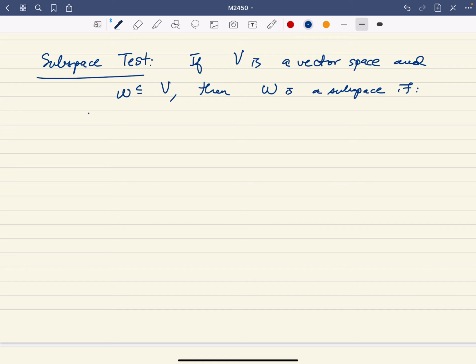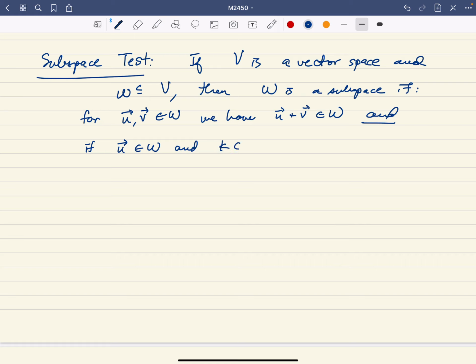So if for vectors U and V in W, we have U plus V is in W. And if U is a vector in W and K is a scalar, then K times U is in W. So if the vectors in W are closed under vector addition and scalar multiplication, then it's a subspace.